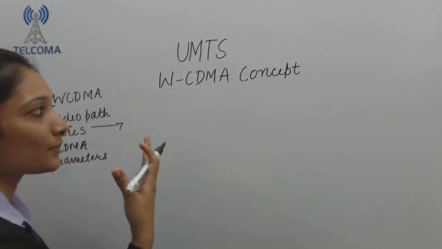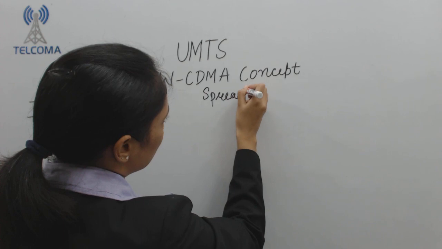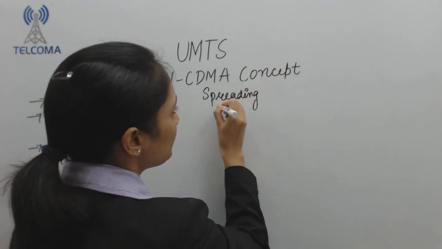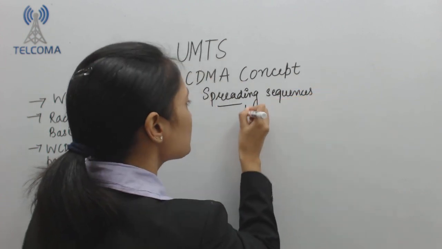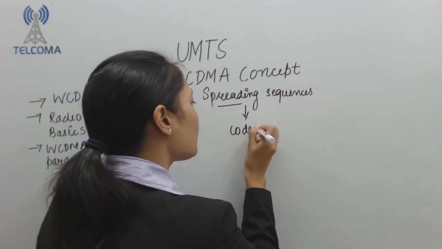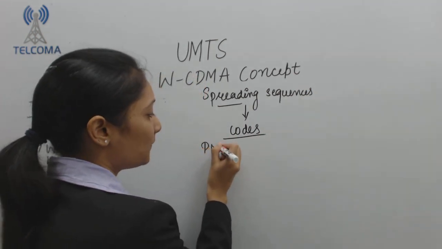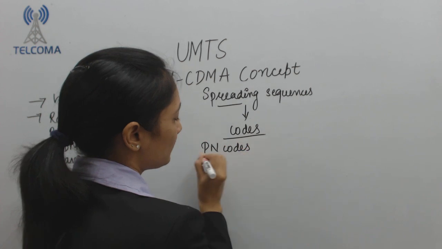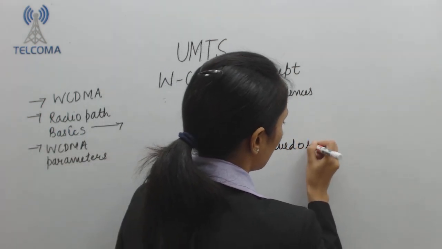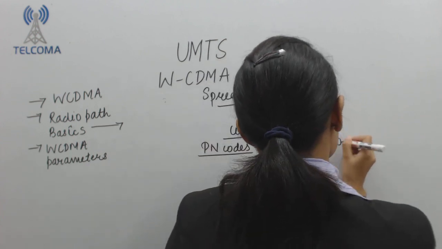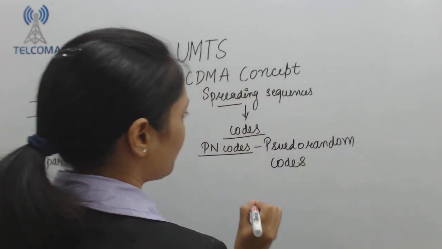Now, these spreading sequences are called codes, code sequences, and are also referred to as PN codes, pseudo random codes.